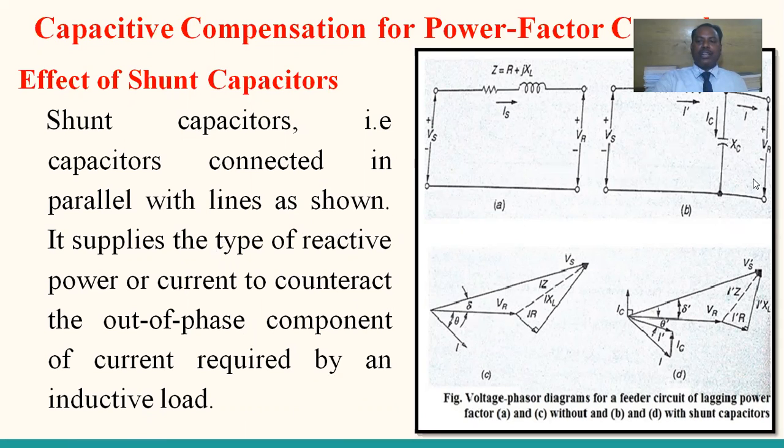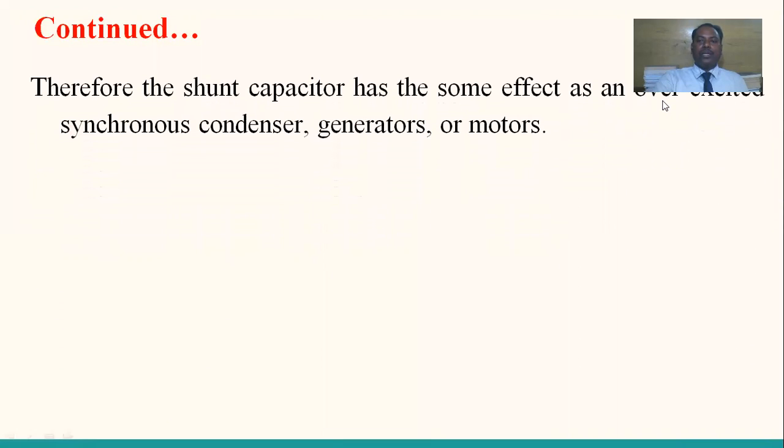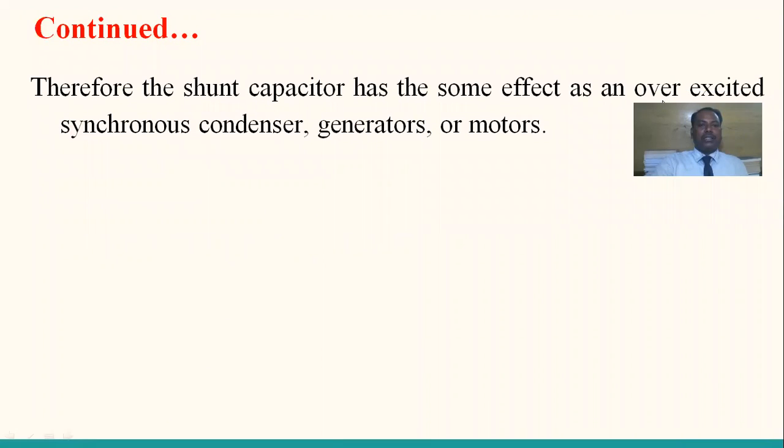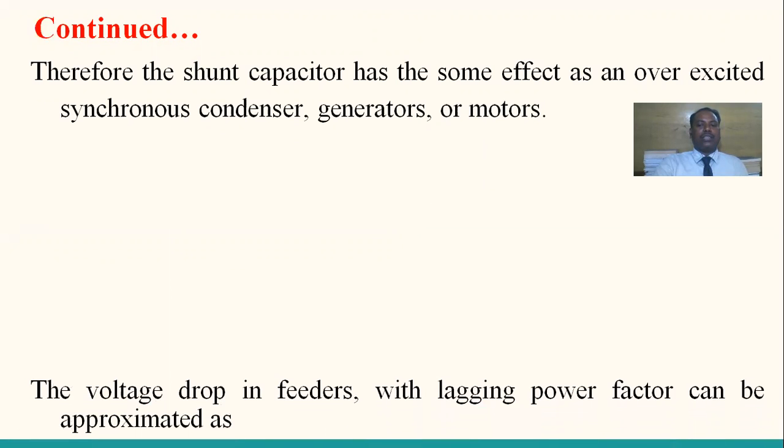So what it does is produce a current which counteracts the out of phase component of current required by an inductive load. Therefore, a shunt capacitor has the same effect as an overexcited synchronous condenser, generator, or motor.